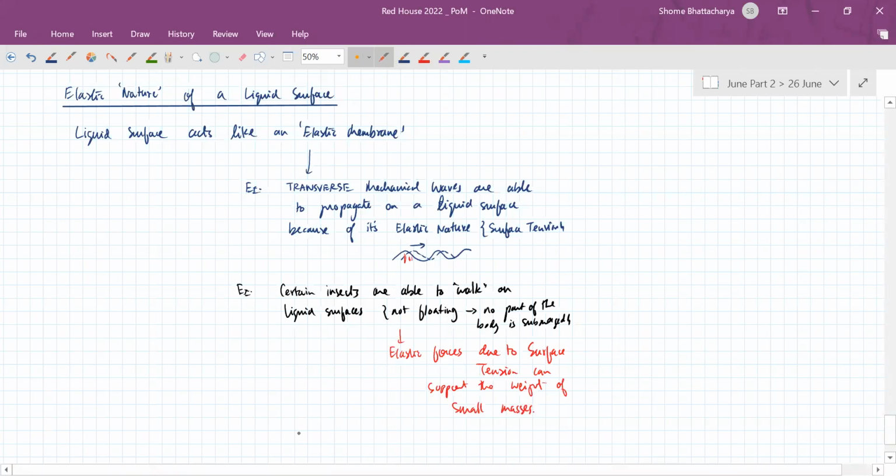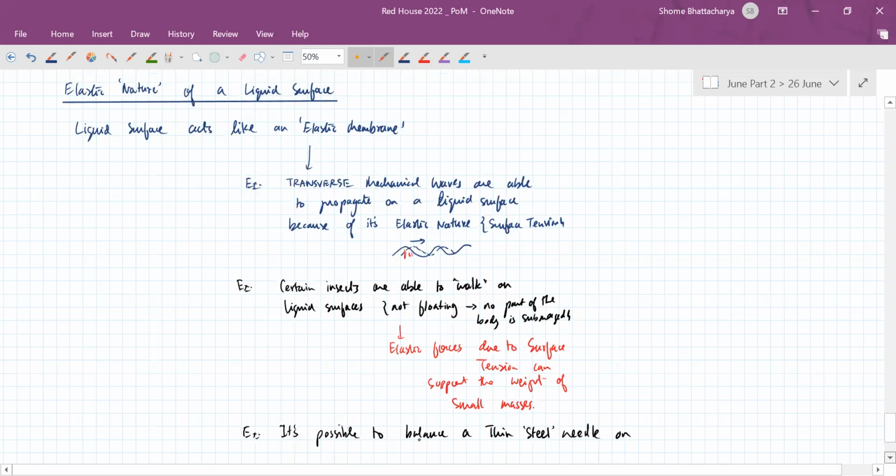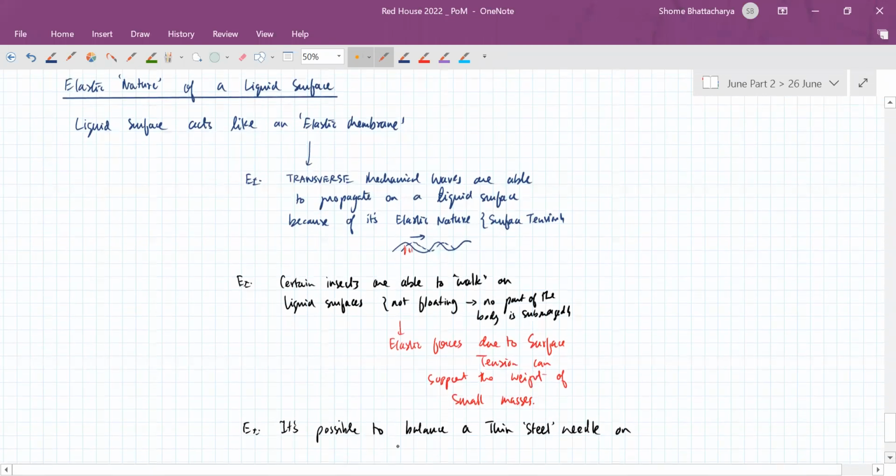Another example of this kind of situation, which you can try at home: it's possible to balance a thin steel needle on the surface of water.